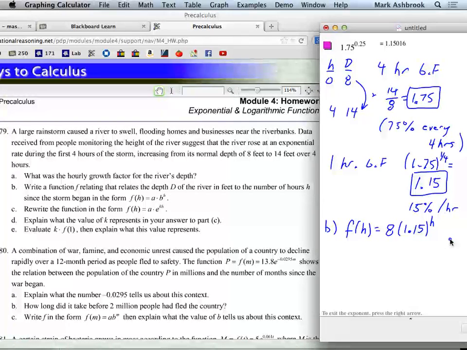Doing okay? Is that right? Now we want to rewrite that in our exponential form. Or, sorry, that is exponential form. In our continuous exponential form, which means the h stays the same.